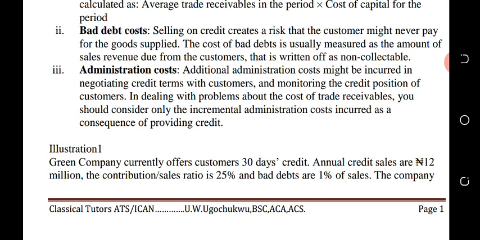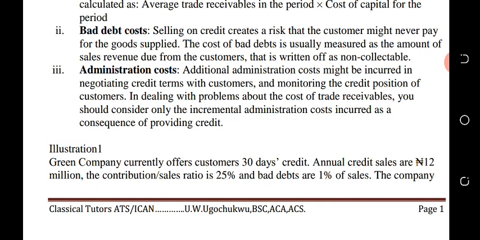And another thing you will incur is administration costs, because when you sell to your debtors, your customers, on credit, you will incur some administrative expenses in order to collect the money from them. That means you must keep calling them, keep reminding them that they owe you so that they will pay you.